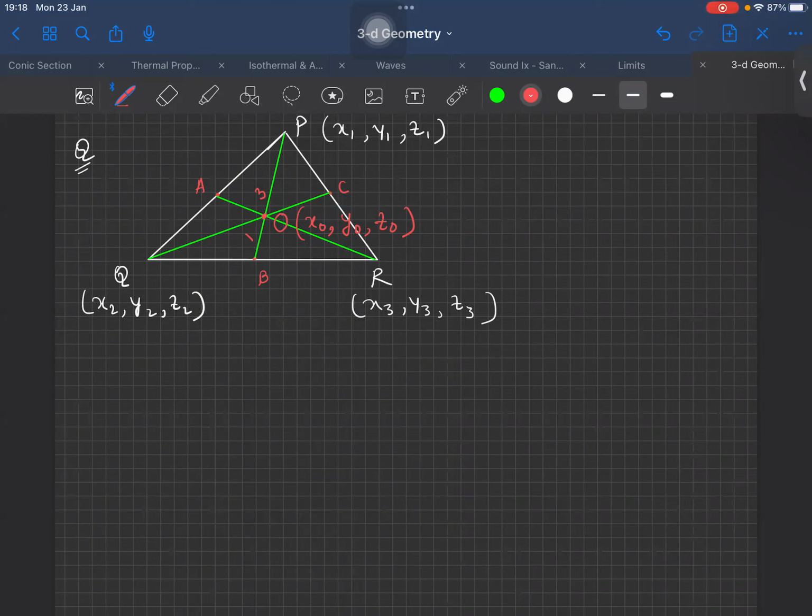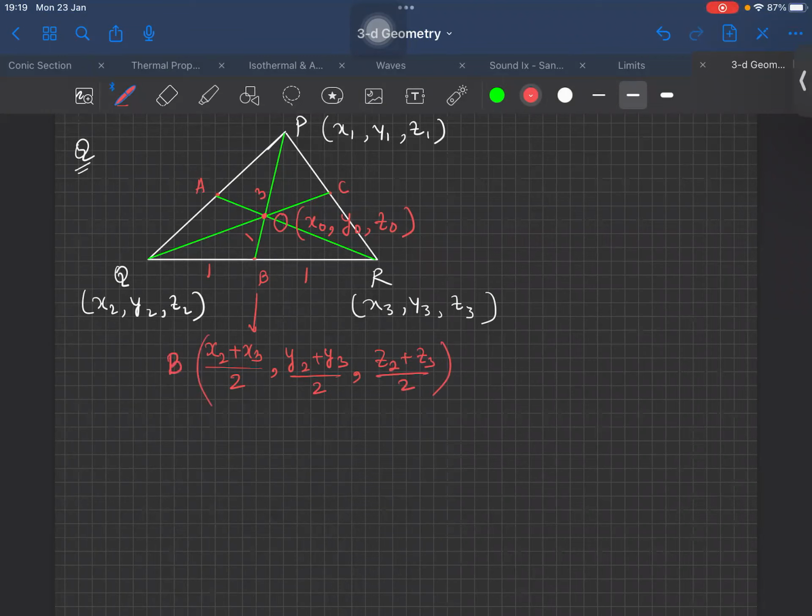Because this is a 1:1 ratio, it will be x2 plus x3 divided by 2, comma, y2 plus y3 divided by 2, and z2 plus z3 divided by 2. So this will be the coordinate of point B.